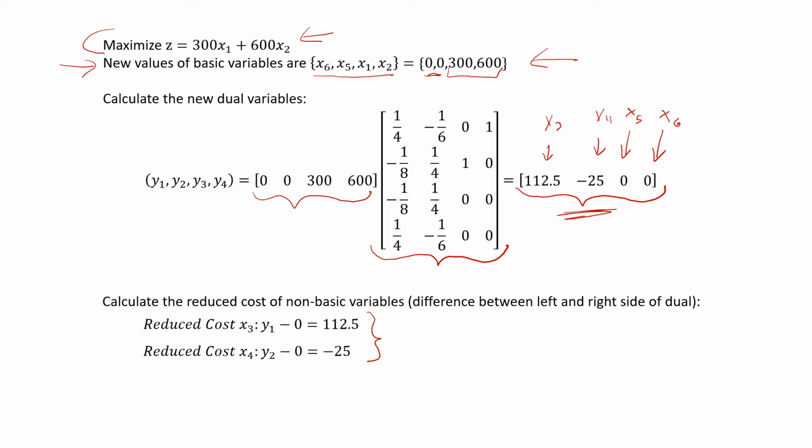Y1 being greater than or equal to 0 means, how much slack or surplus do we have in there? What extra do we have in there? Well, Y1, we just calculated to be 112.5. So the extra that's in there is 112.5. That is the value of X3. And you see it matches with what we had up here.